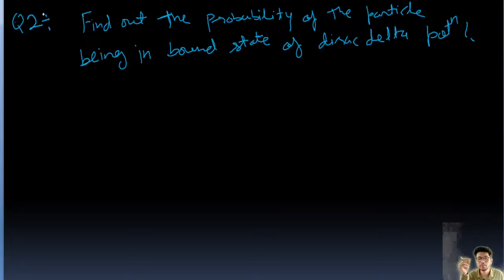So we need to find out the probability of the particle which is in the bound state of the Dirac delta potential.